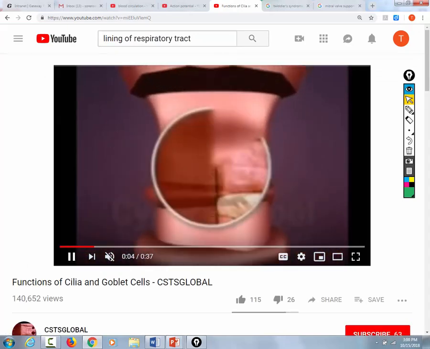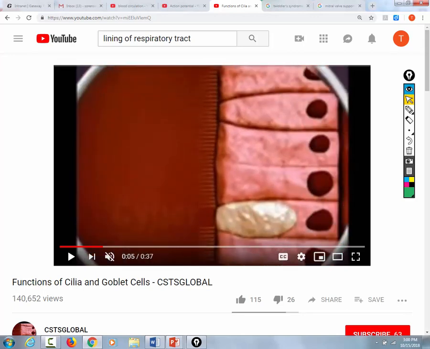Now, literally from your nose all the way down into your bronchioles, you have this special lining. And this lining of the respiratory tract is, number one, very vascular. Tons of blood vessels. Number two, the lining is ciliated.